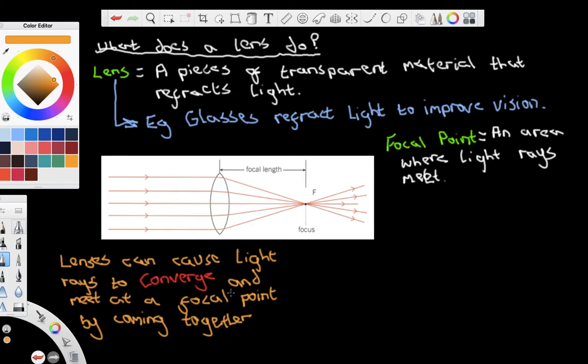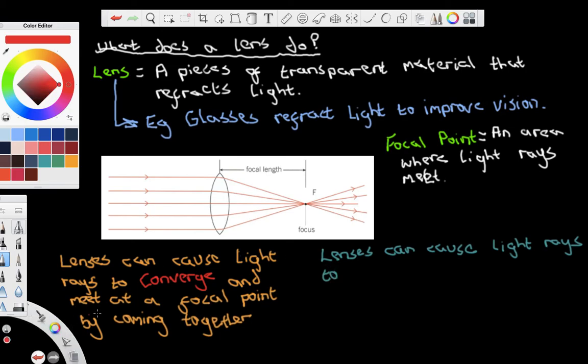Or lenses can cause them to diverge, which means the light rays move away from each other. That's not shown on here. However, we would say that these light rays are diverging. They're moving away from each other as they move away from the focal point. So the final thing we can say is that lenses can cause light rays to diverge.